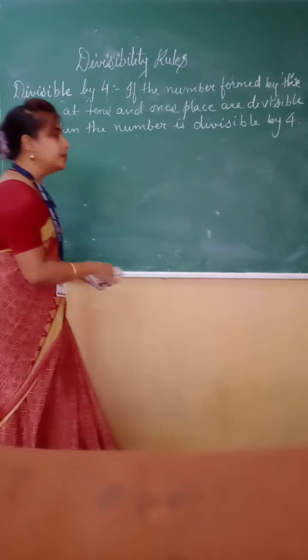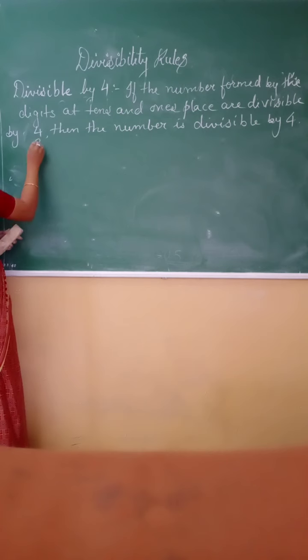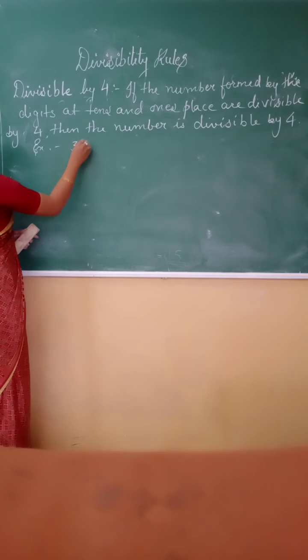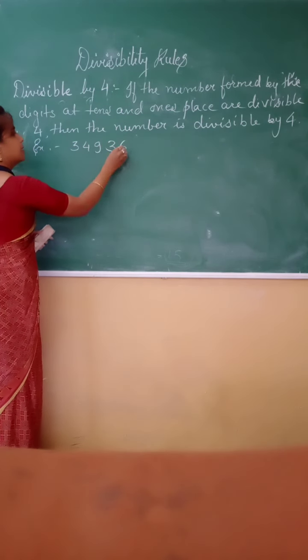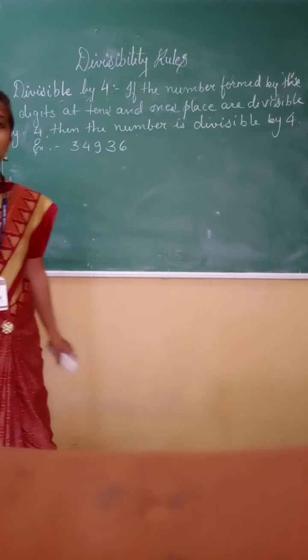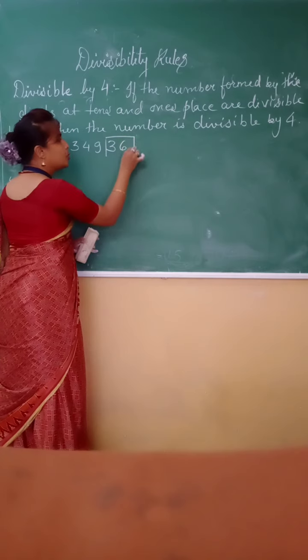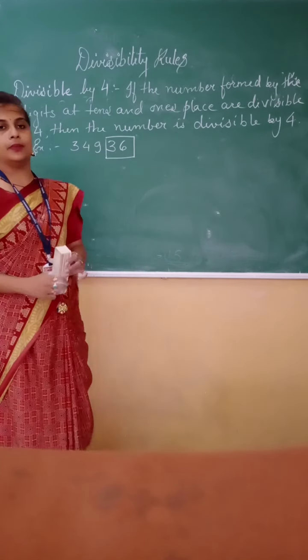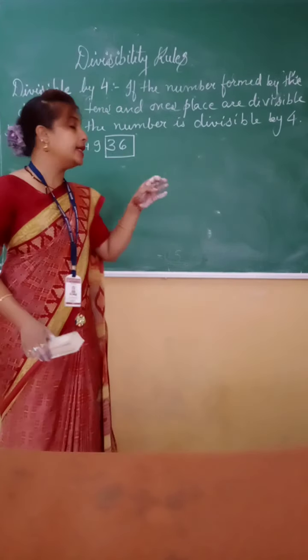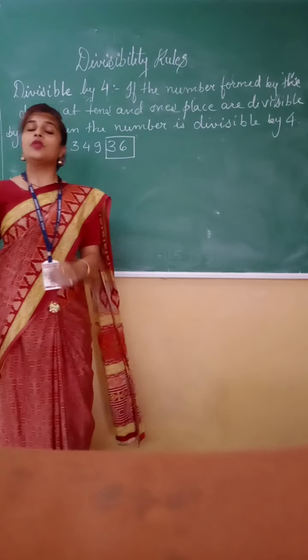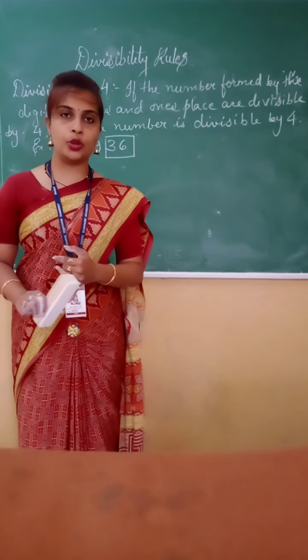Let us take an example for this. Take any number like 3, 4, 9, 3, 6. Suppose we have this number. Now we have to check the last two digits of the given number, that is 36. Now, tell me whether 36 is divisible by 4.